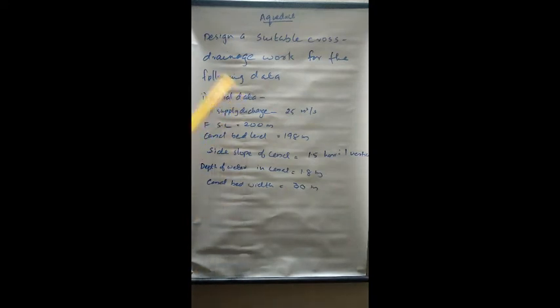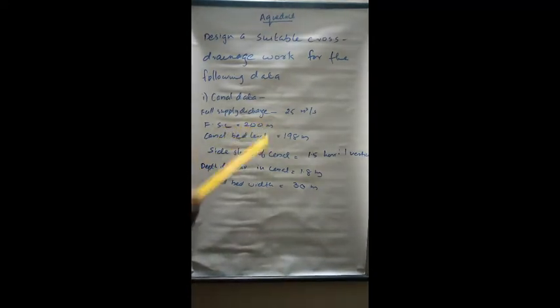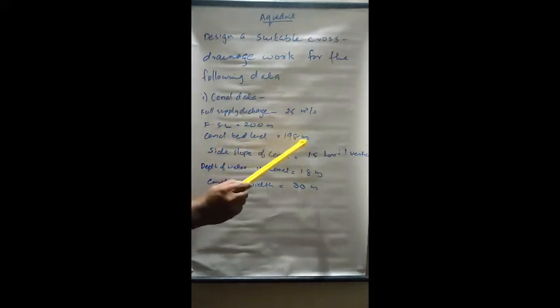First of all, the canal data is given. The full supply discharge in the canal is 25 meter cube per second. Full supply level, FSL, equal to 200 meter. Canal bed level is equal to 198 meter.